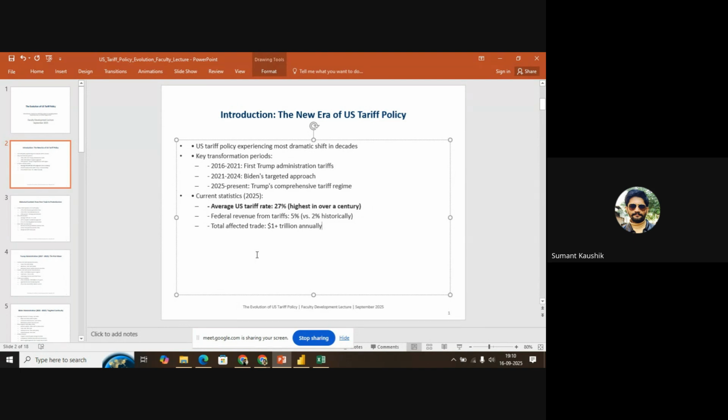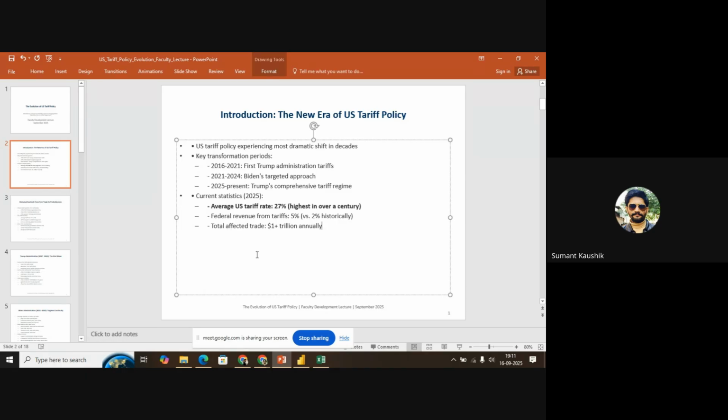What is the average US tariff? Tariff means a tax a country imposes on the imports it receives. Let's say the US is importing some goods from India worth $10. In order to reduce consumption in its own country, and to earn some revenue for the government, the US will try to impose a tax.